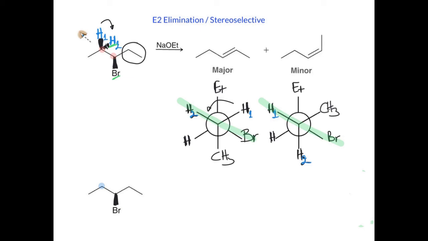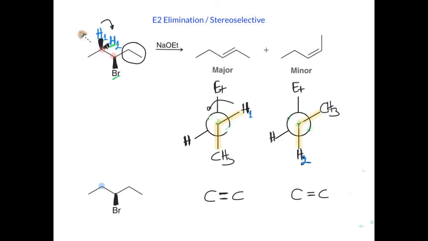To draw the alkenes now, we simply need to remove the eliminated hydrogen and the bromo group, and simply highlight the front carbon.